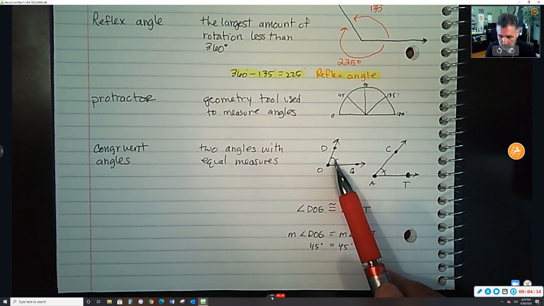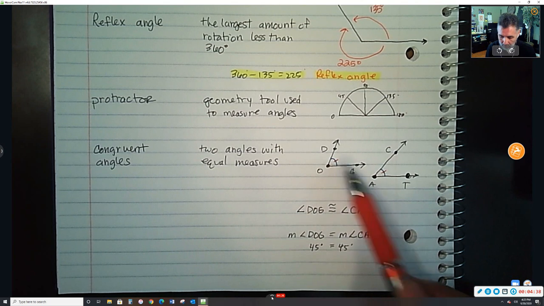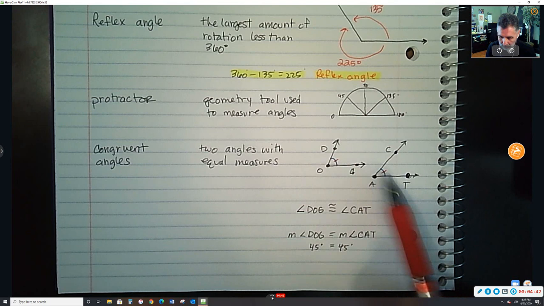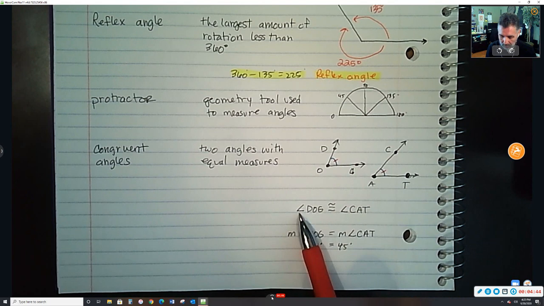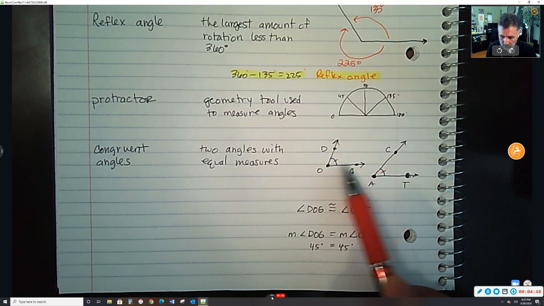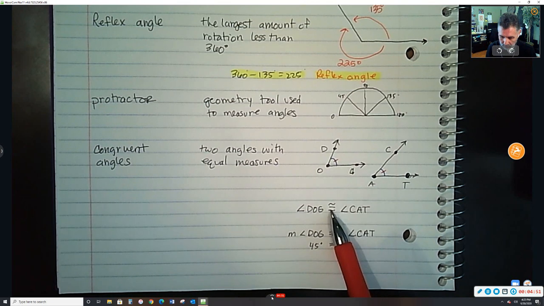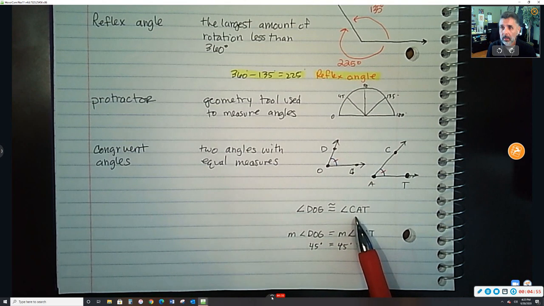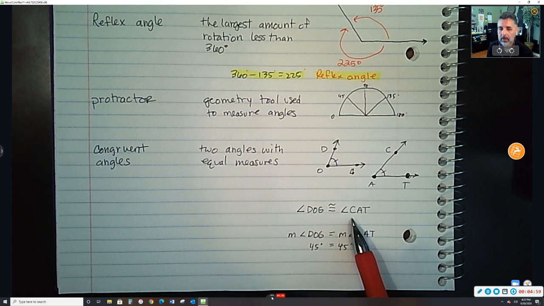We can do the same thing with angles. See how this angle and this angle have this little red mark on them? That tells me these are congruent. I would say angle DOG is congruent to angle CAT. Remember, that's how you name them, from the last section.